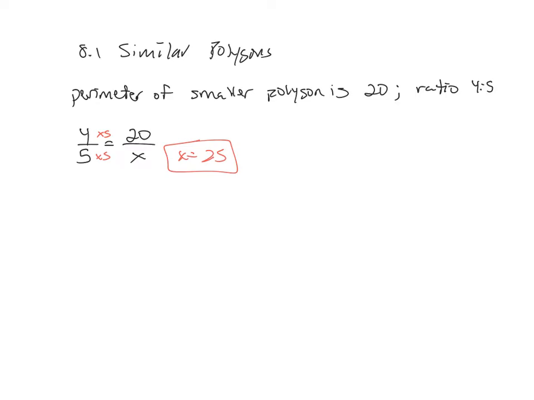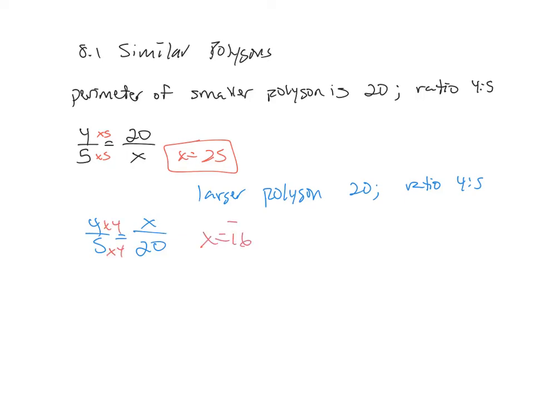Okay, if I change this problem, the perimeter of the larger polygon is 20 with the same ratio, then I'd have to put the 20 across from the larger number, and then you could still say, well, times 4 and times 4, and so x is 16.